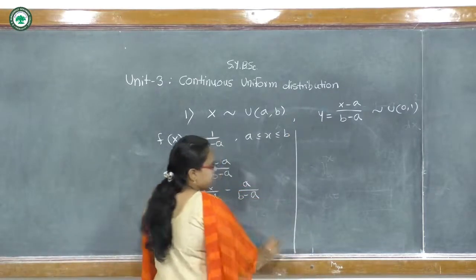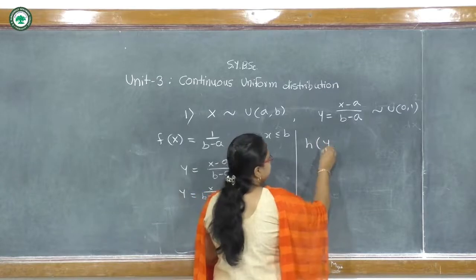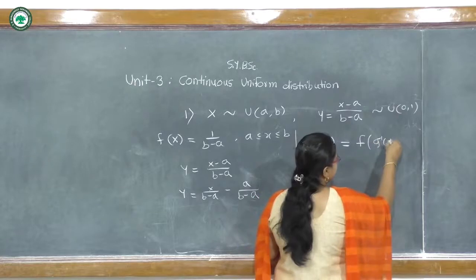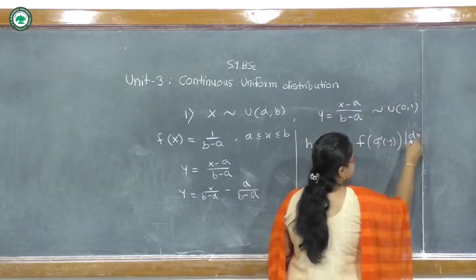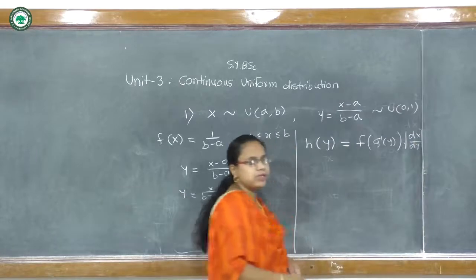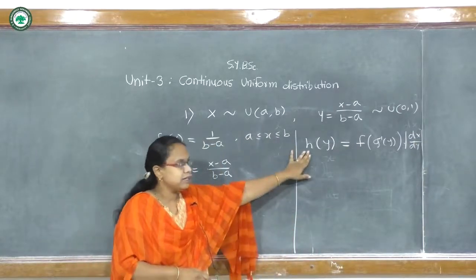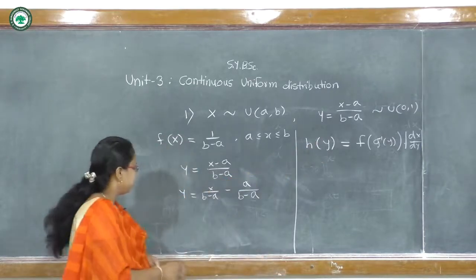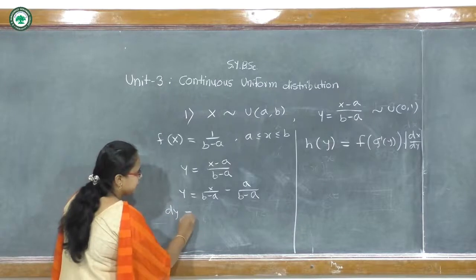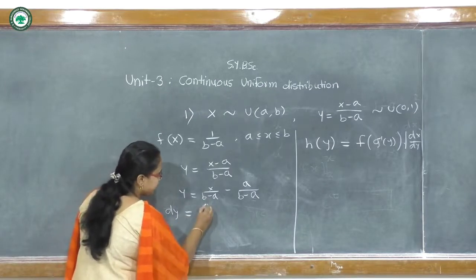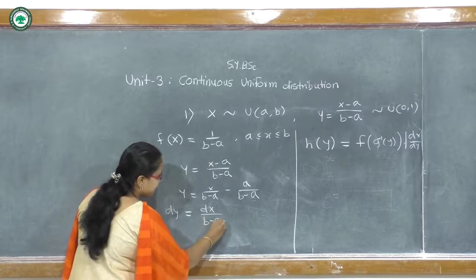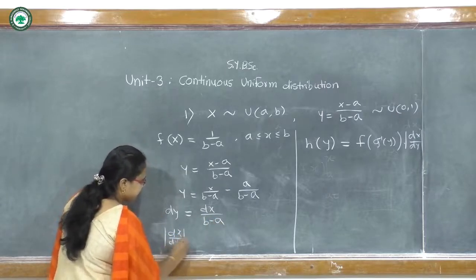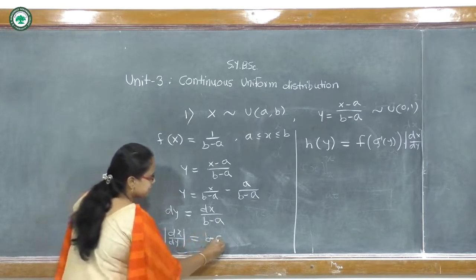Then by the transformation method, the PDF is f of g inverse of y into mod of dx upon dy. So we substitute the values and get our required PDF. Let us find dx upon dy. Differentiating, we get dy equal to dx upon (b minus a), and mod of dx upon dy will be b minus a.